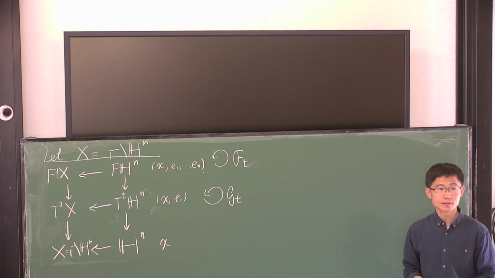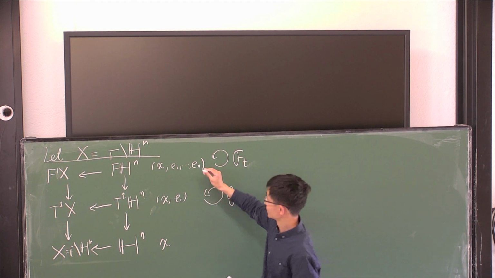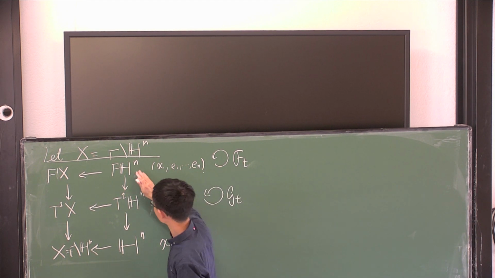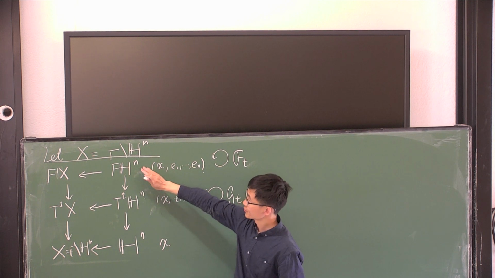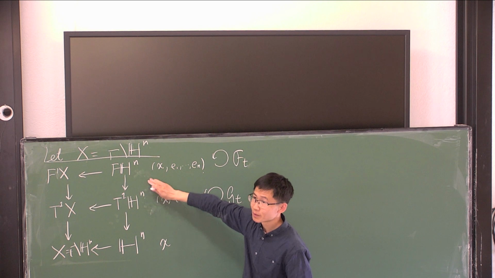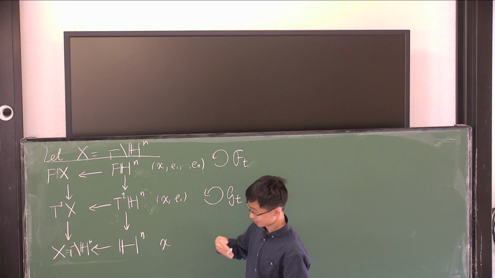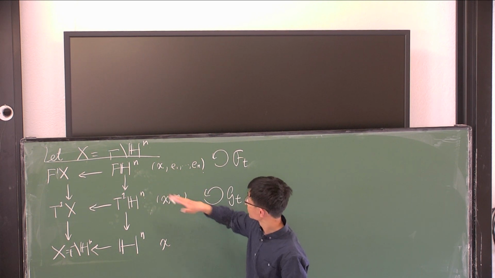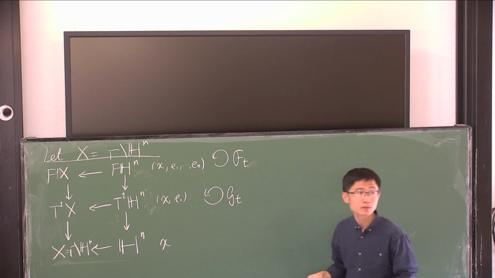The frame flow: here the frame bundle goes to the unit tangent bundle. It is a principal bundle with group, in this case, SO(n-1).